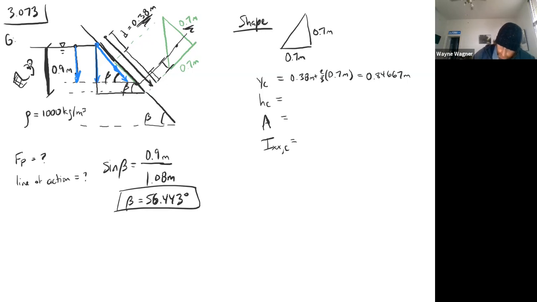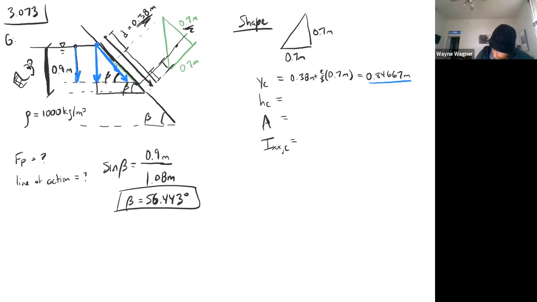Okay, so once we have that, I want to get H sub C. H sub C is this blue line right here. I'm basically going to do this exact same equation again.